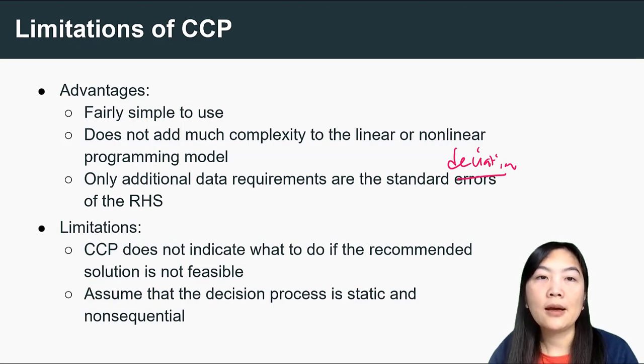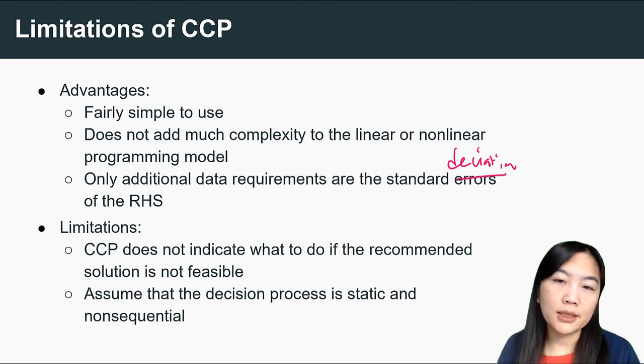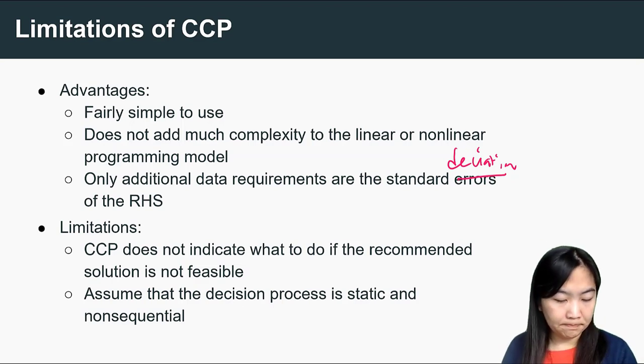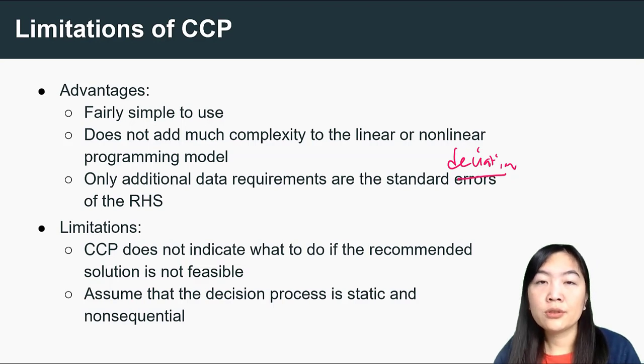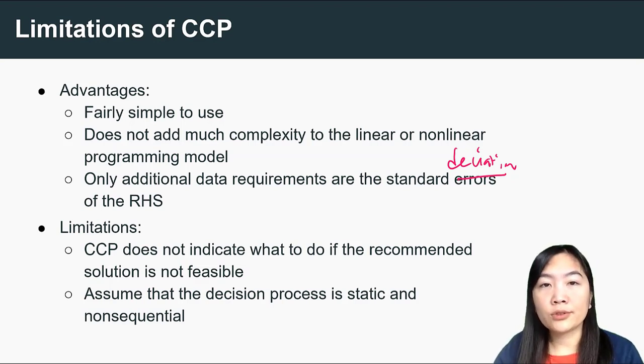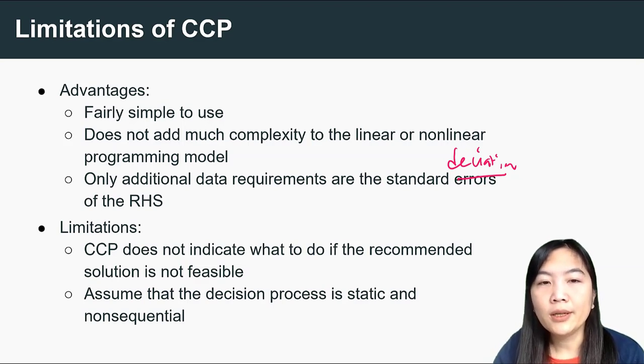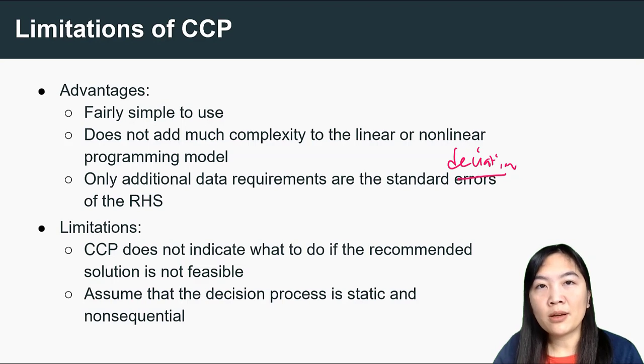And that's all you need, and you can do your CCP analysis. However, there are also limitations here. First is, if you choose your right-hand side value and you solve your problem, in the example, this didn't happen. However, it could be possible that the recommended solution is not feasible. So you solve the problem, it gives you the solutions.